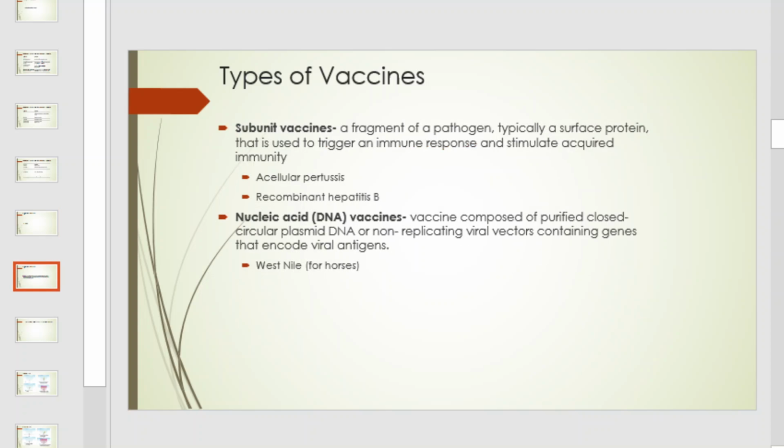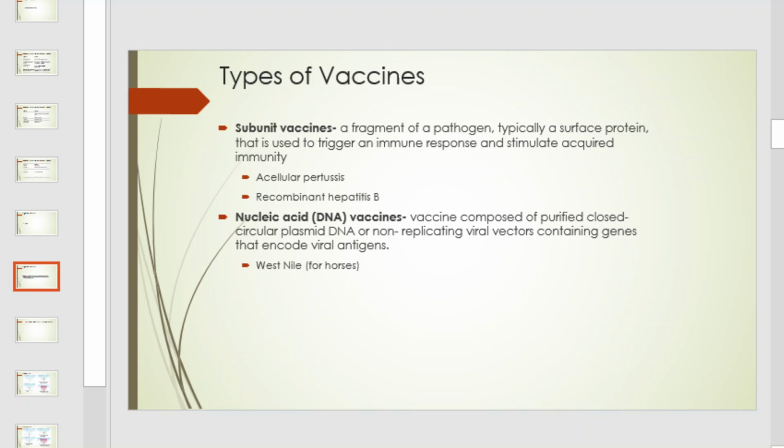Next, we have subunit vaccines. Subunit vaccines are made using a fragment of a pathogen, typically a surface protein, that is used to trigger an immune response and stimulate acquired immunity. The acellular pertussis and recombinant hepatitis B vaccines are examples of subunit vaccines.